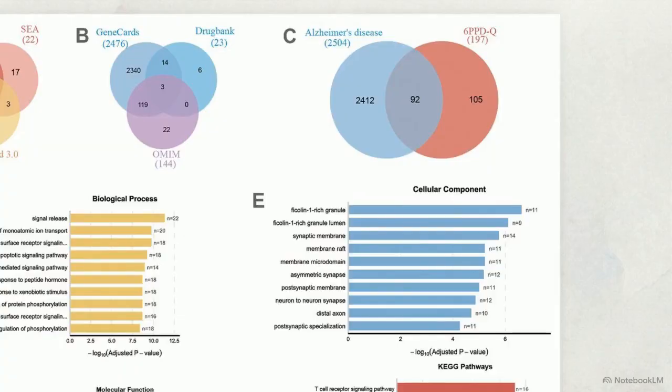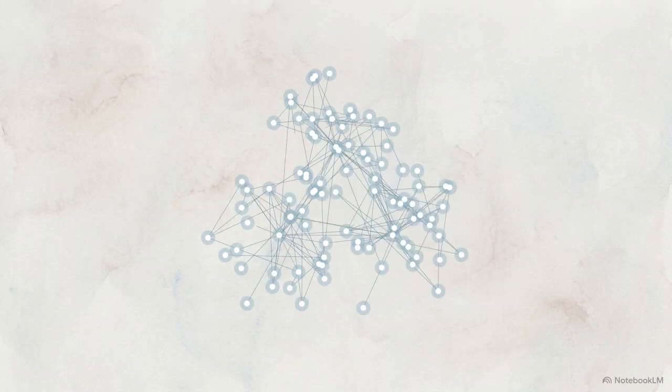This Venn diagram illustrates the initial mathematical intersection. Cross-referencing 6-PPD-Q's predicted targets against Alzheimer's genetic databases yields exactly 92 overlapping genes. However, a list of 92 independent genes is too broad to explain a specific toxicological mechanism.